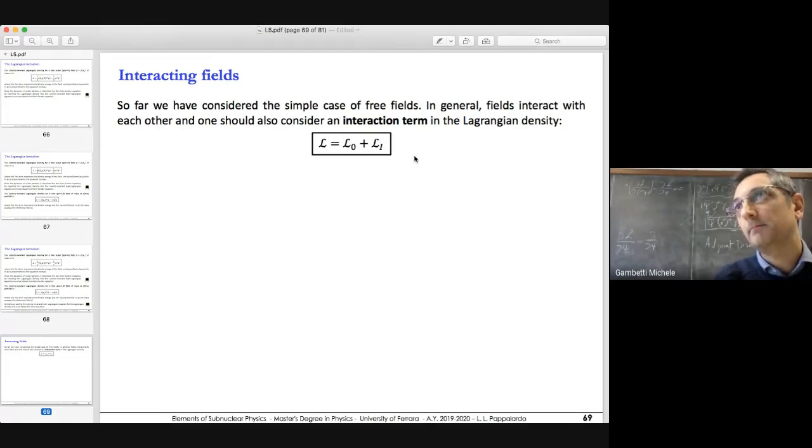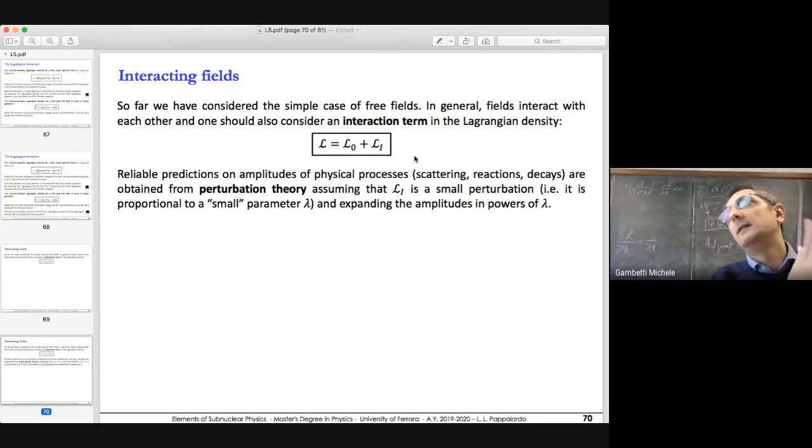Now, as we have already anticipated a few lessons ago, one can obtain reliable predictions on amplitudes of physical processes, such as scattering, reactions, or decay, through perturbation theory by just assuming that this interaction term is a small perturbation. Then you make a power expansion essentially in this small value.